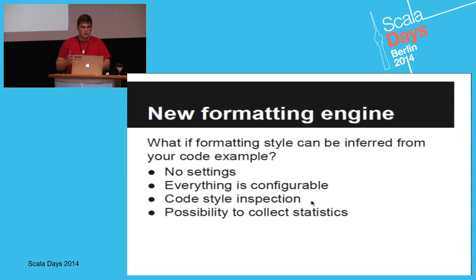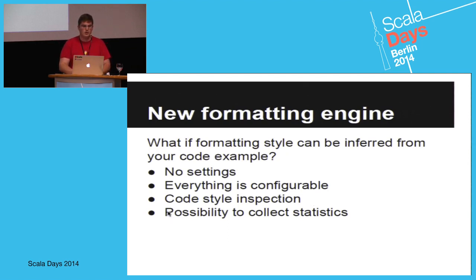Also, it would be simple to implement some kind of code style inspection. Of course, it will not be enabled by default because it will show a lot of problems in almost every project. But if a project wants to have pure code style for the whole sources, then this inspection would be useful for lots of people.